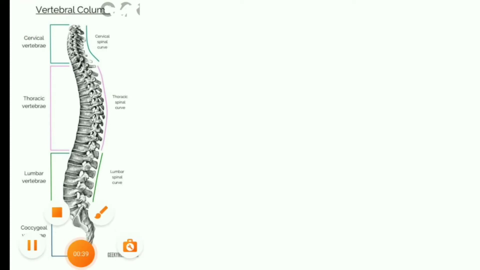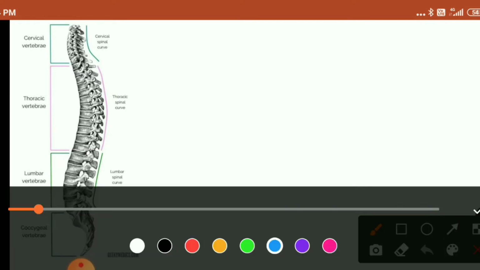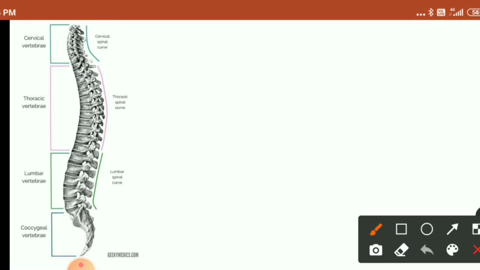With the help of this diagram, I am primarily focusing on the antero-posterior curvature of the esophagus. We know that the esophagus is present anterior to our vertebral canal, and always remember one thing, that the curvature of the vertebral canal is followed by the esophagus. That is, the esophagus follows the same curvature as that followed by the vertebral canal.